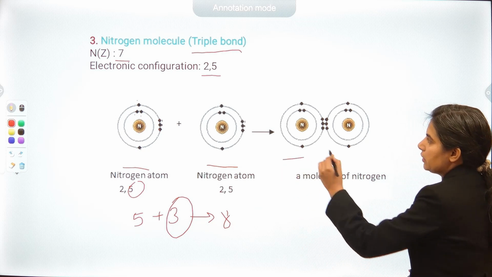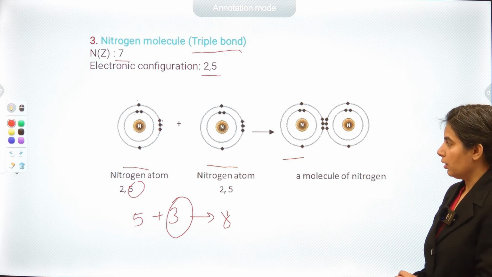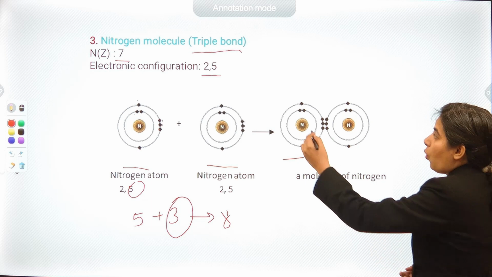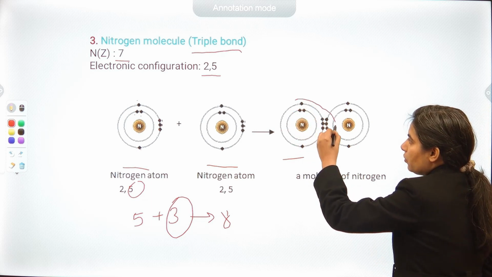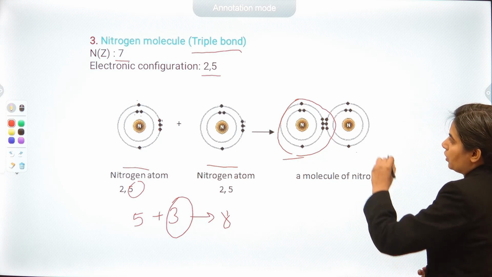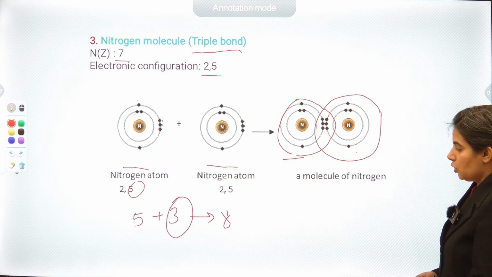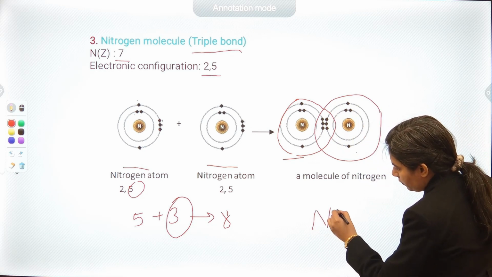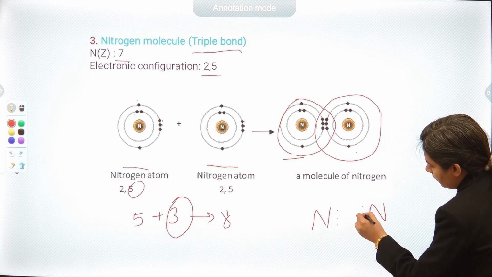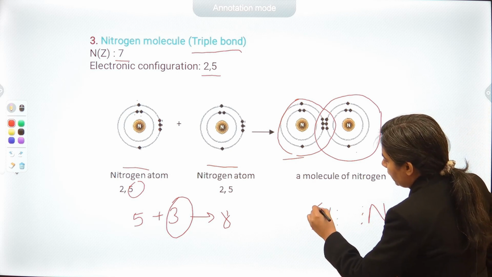Now if I look at this figure, here the 5 electrons of nitrogens are mentioned and here in this the 5 electrons of nitrogen are mentioned. So nitrogen will share the 3 electrons of the neighboring atom and this nitrogen will also share 3 electrons of its neighboring atom. So what is forming? Nitrogen is sharing 3 electrons in order to complete its octet.